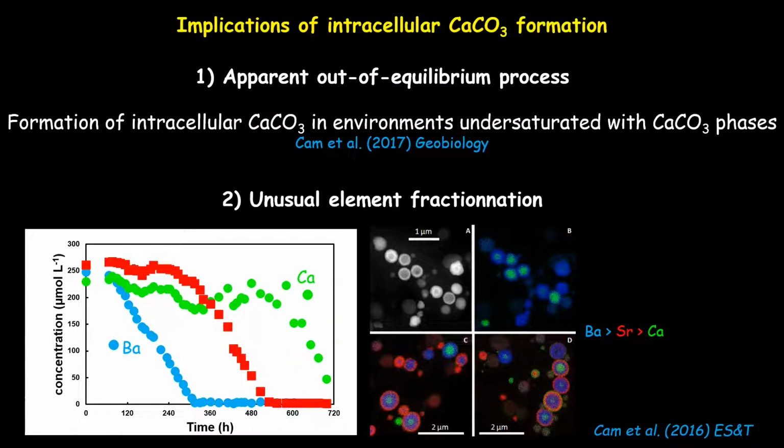If you precipitate the carbonate under abiotic conditions, the amount of calcium, strontium, and barium you have in the carbonate is about the same as what you have in the solution. Here, you may have a lot of barium, even if you have very little barium in the solution.